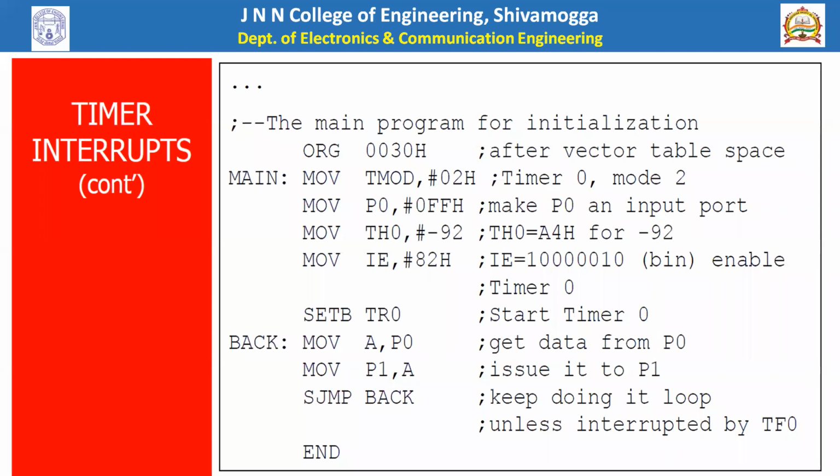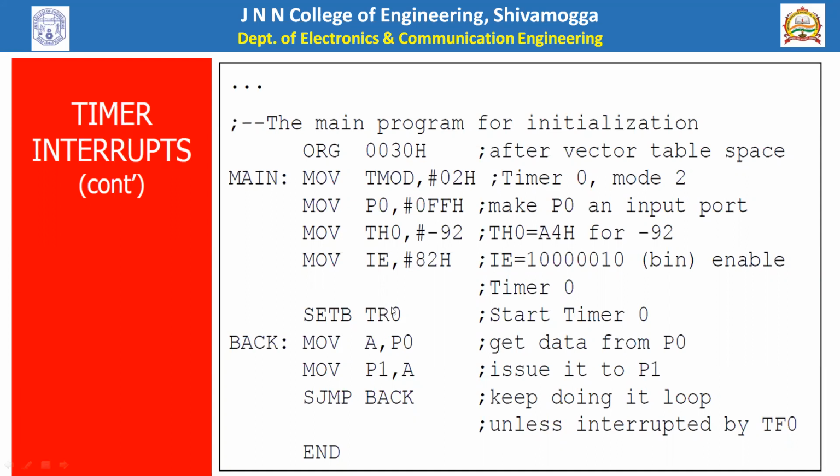What is 82? 1000 0010. You see, the MSB is 1, indicating that it enables all the interrupts. And IE.1 is made 1 just to enable the timer 0 interrupt. Start the timer.